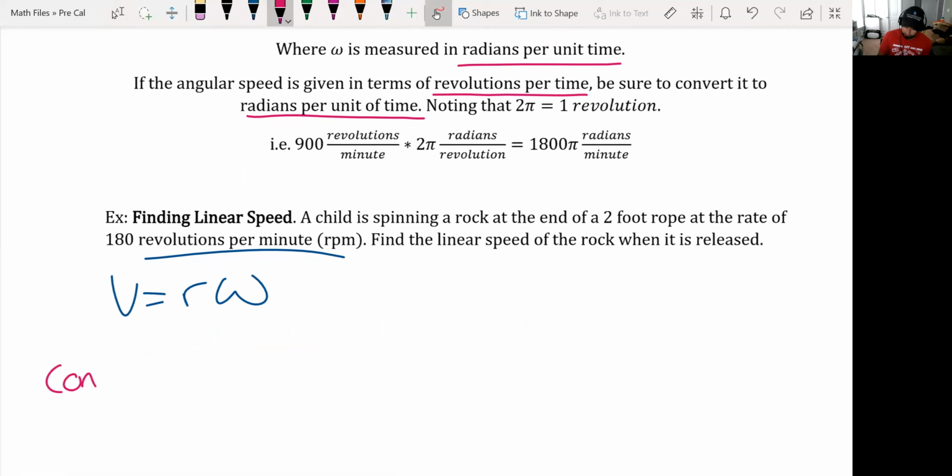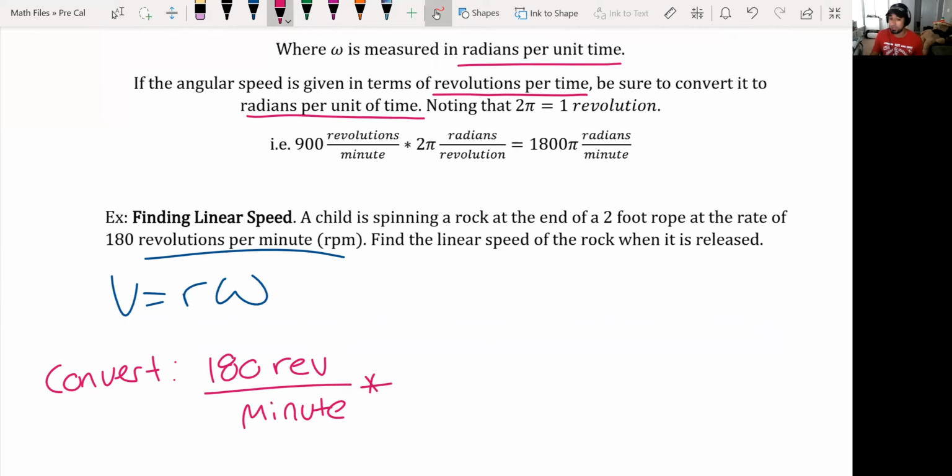So I'll say convert. We take our 180 revolutions per minute, and we multiply it by 2 pi radians. And like I said from the above, 2 pi radians is the same as 1 revolution, right?